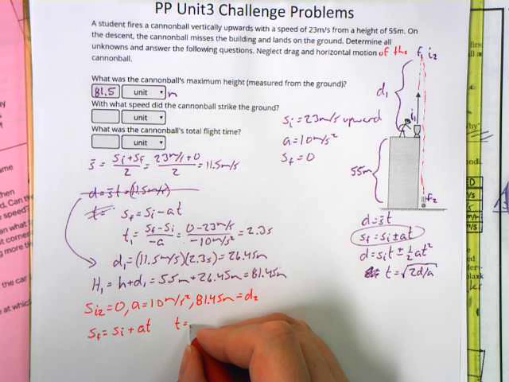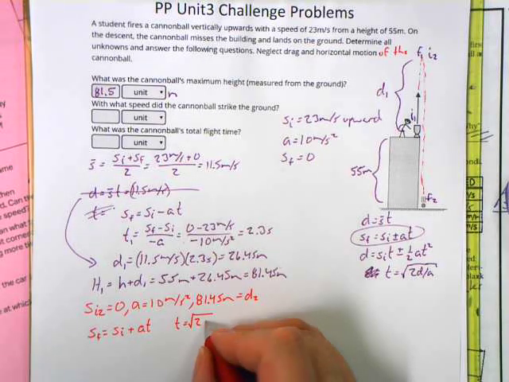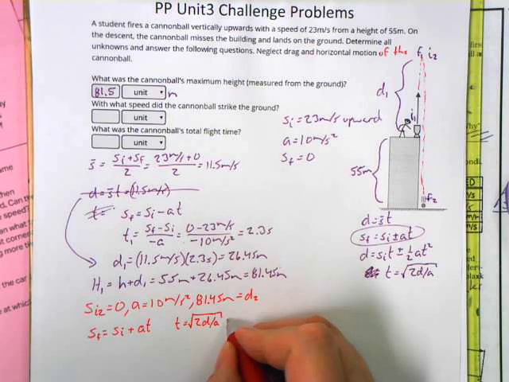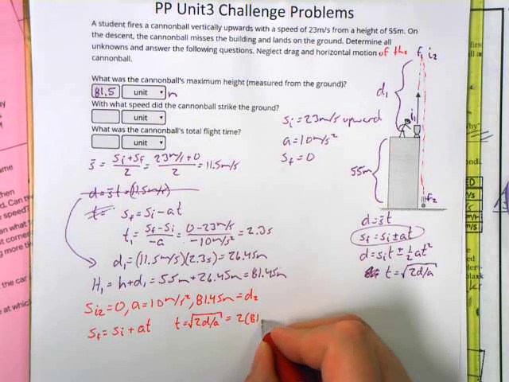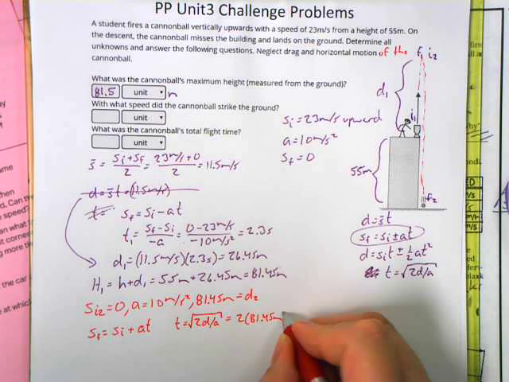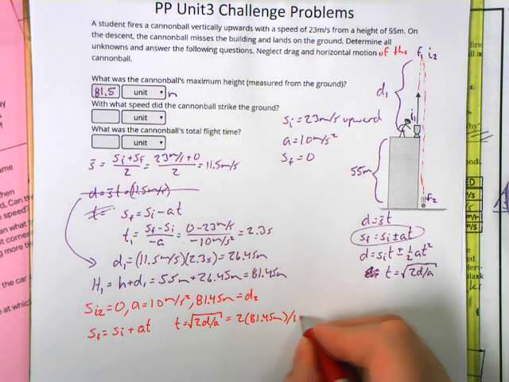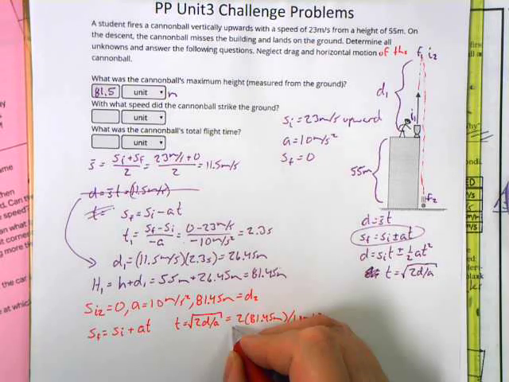So the time is equal to 2 times the distance divided by the acceleration rate. So that's 2 times 81.45 meters divided by 10 meters per second squared.